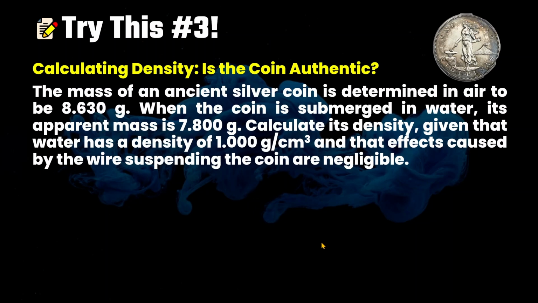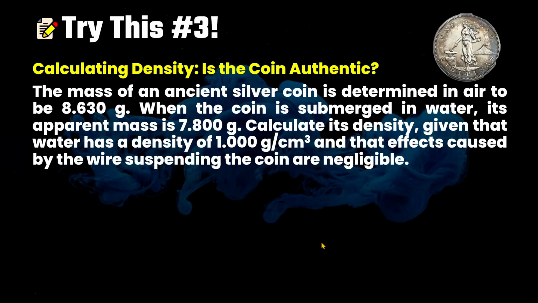Example: the mass of an ancient silver coin is determined in air to be 8.630 grams. It means that if this coin is measured in air, the mass of this coin is 8.630. But when the coin is submerged in water, its apparent mass is 7.8 grams. So let's calculate its density.